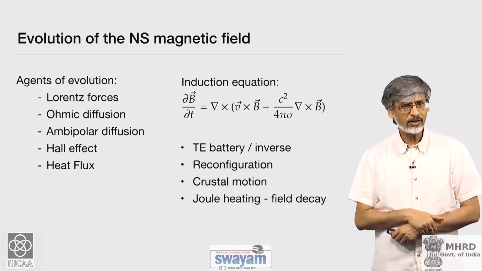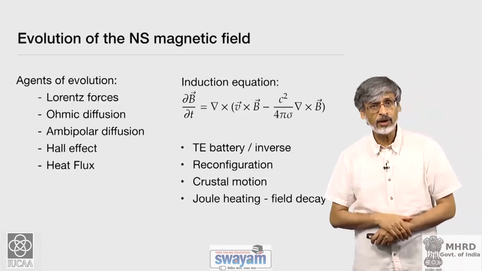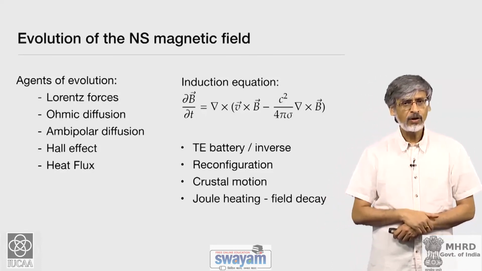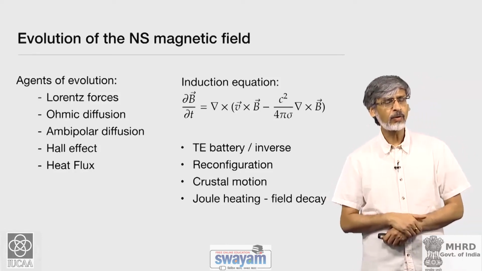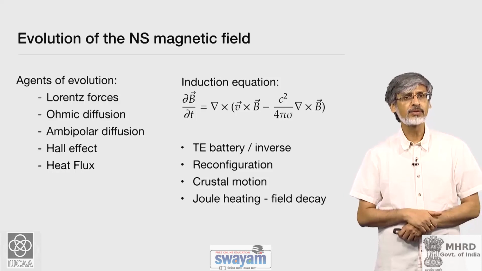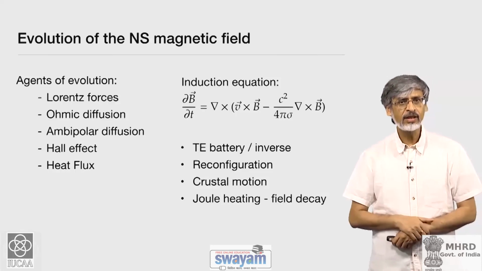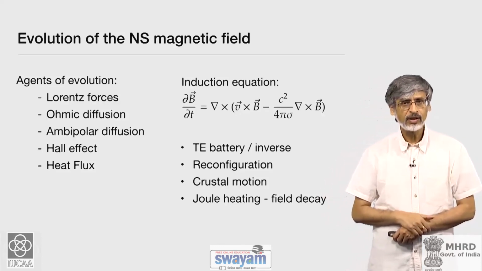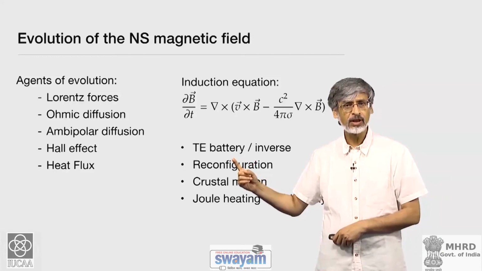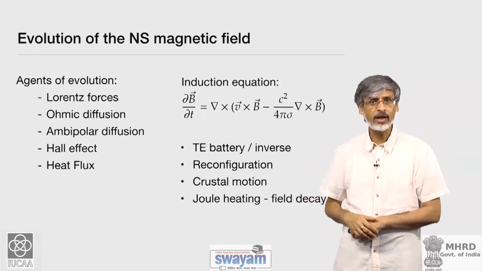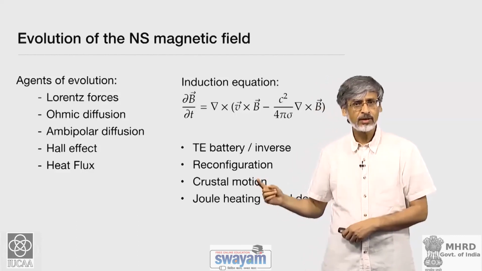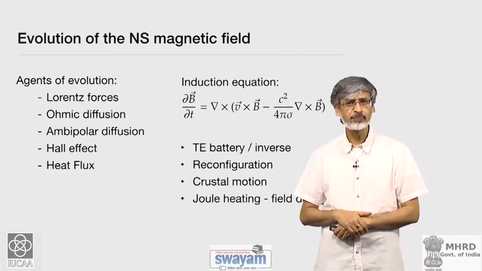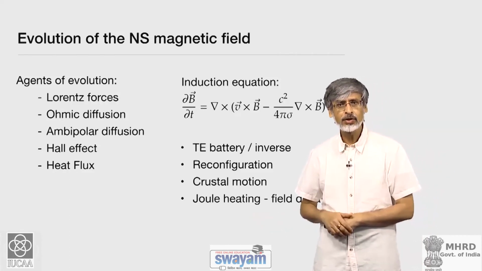Then you do have Hall effects, and you do have a heat flux, because the neutron star is hot in the interior and heat leaks out over time, or if the neutron star accretes matter on the top of the surface and the surface becomes hot and some heat may be going inside, and all of that can contribute to the evolution of the magnetic field. There are various mechanisms which people have proposed: a thermoelectric battery or inverse thermoelectric battery, reconfiguration of the field, the motion of the crust can also contribute to the field evolution, as well as Joule heating.